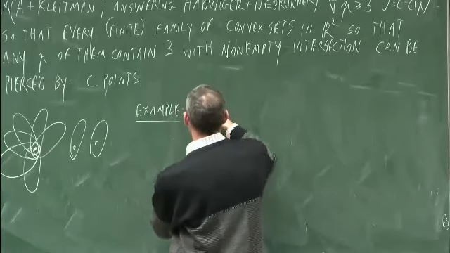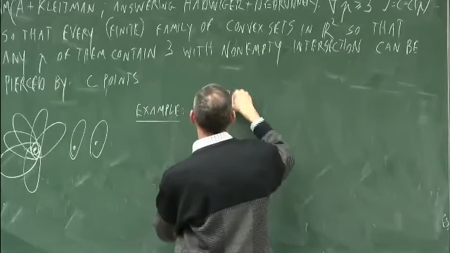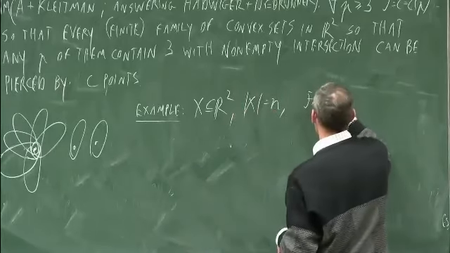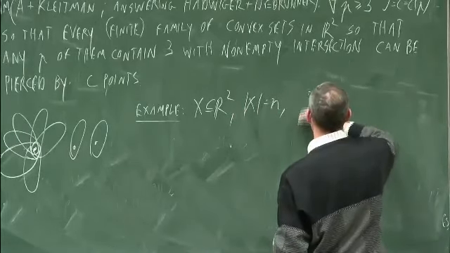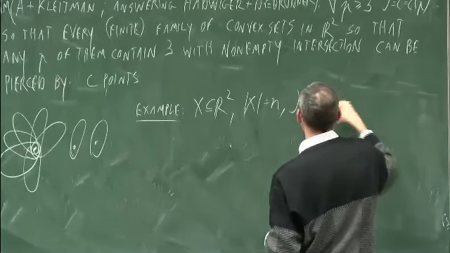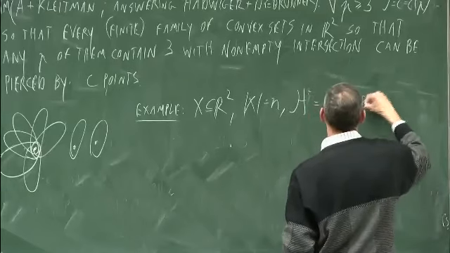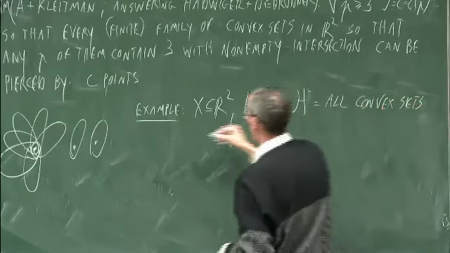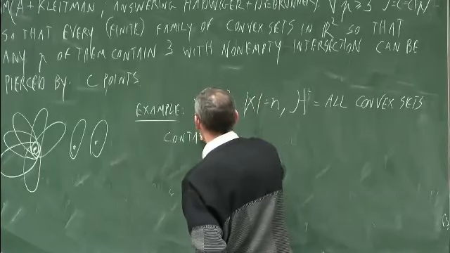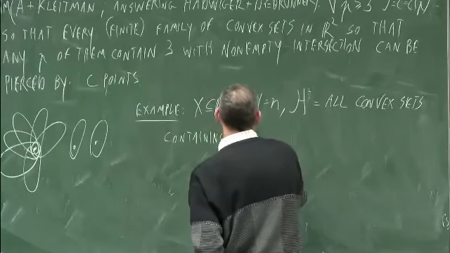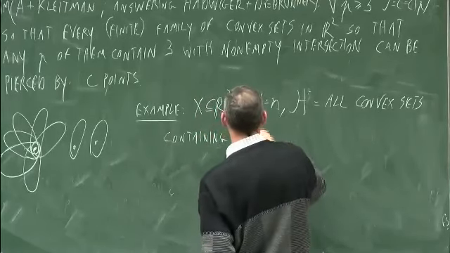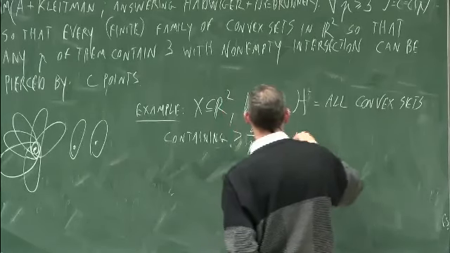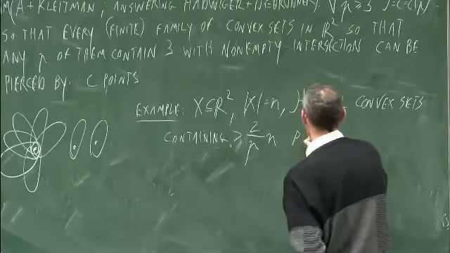Take X in R^2, of size n, and H will be all convex sets containing strictly more than 2 over p times n points of X.